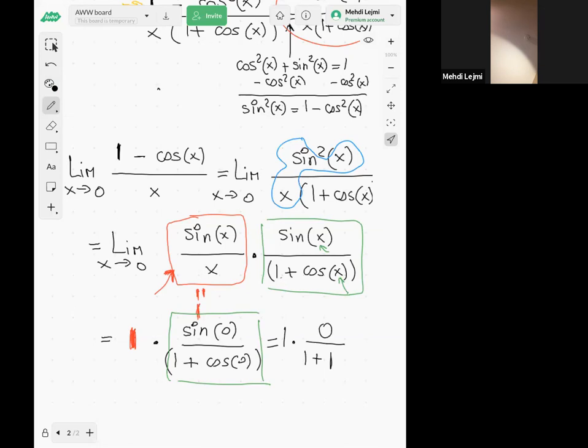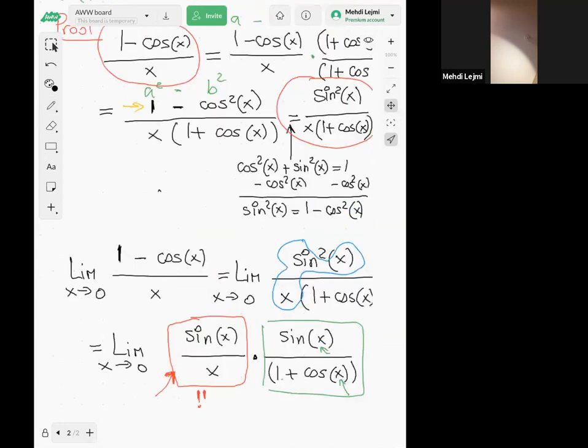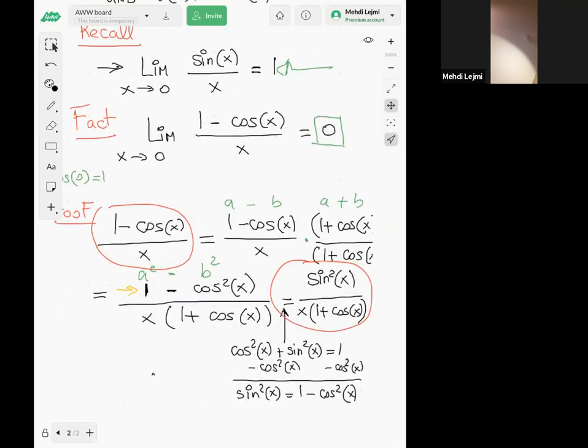So this limit is 0 over 2, which is 0, since 0 over any non-zero number is 0. So this is the proof that the limit of 1 minus cosine of x over x as x approaches 0 is equal to 0.